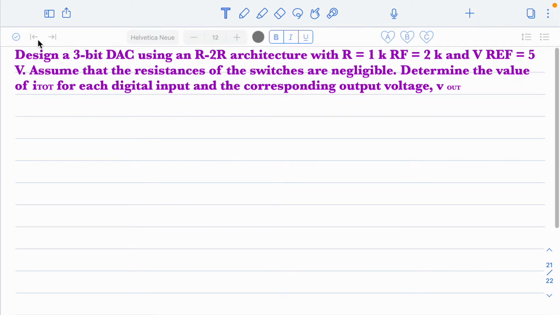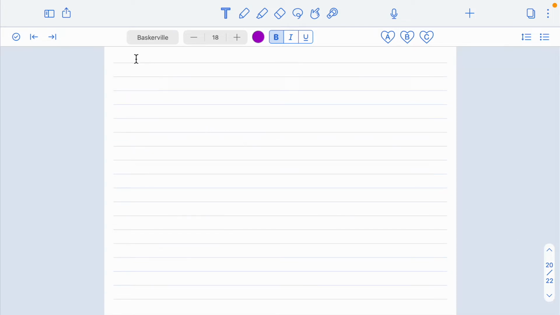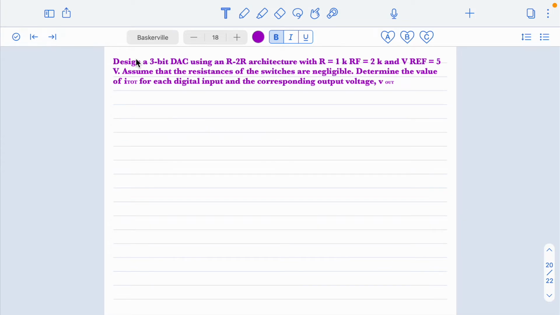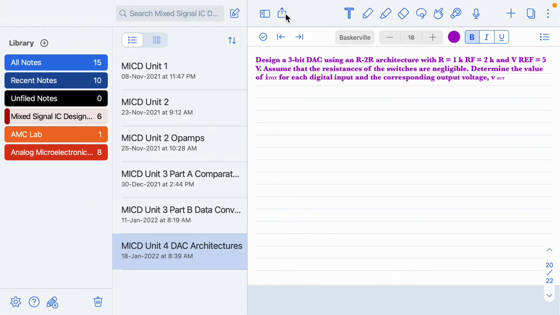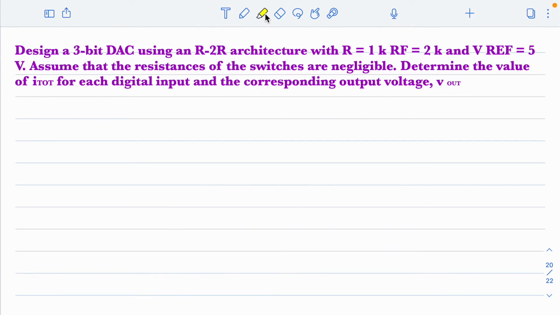Let us look at this question, where this is a 3-bit DAC using an R2R architecture. Given that the value of R is 1K, RF is 2K, and Vref is 5 volts.